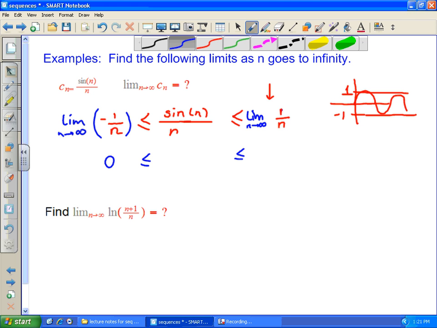Where does that part go to? 0, right? The bottom keeps getting larger and larger, therefore the ratio goes towards 0. So now, what can you say about the limit of the middle portion? Limit of sine n over n, that has to go to 0 as well, right?